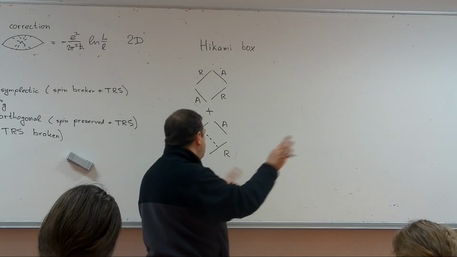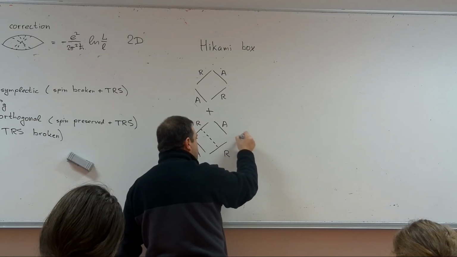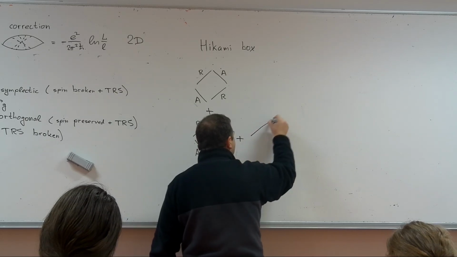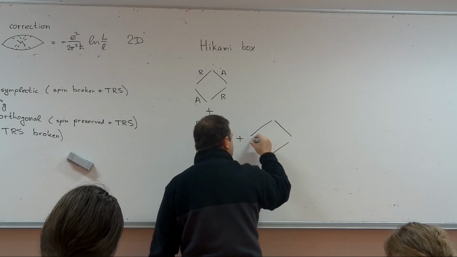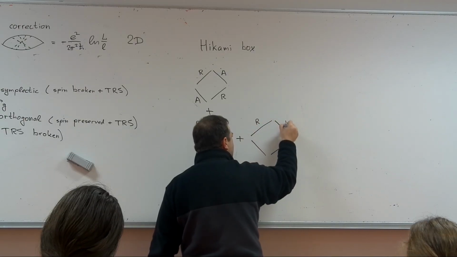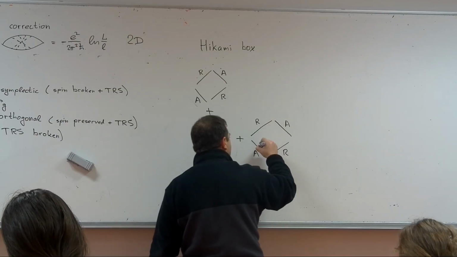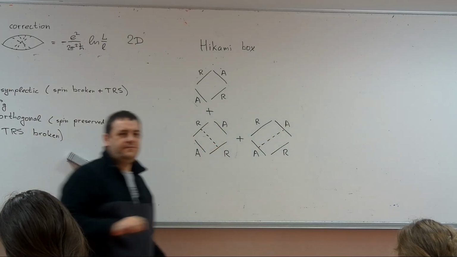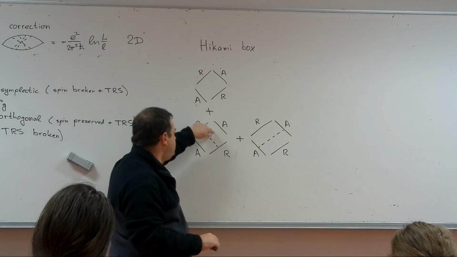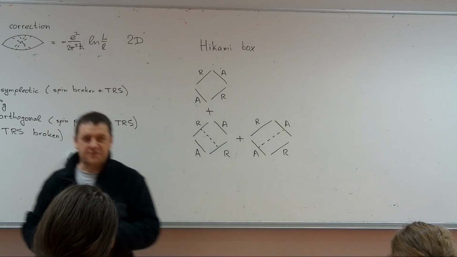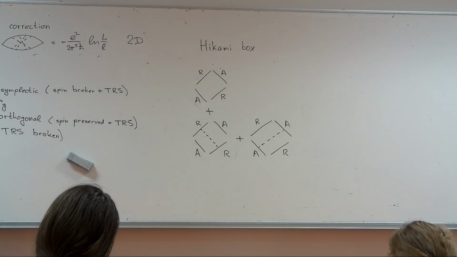And I'm no longer Japanese, so I will write horizontally, plus another diagram which has a dashed line inserted this way. So if you add up one, two, three, then this will be the correct Hikami box.